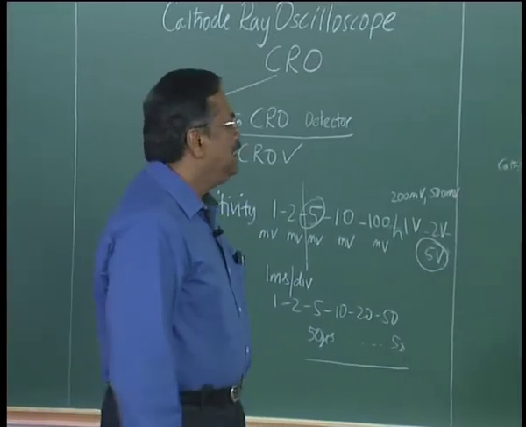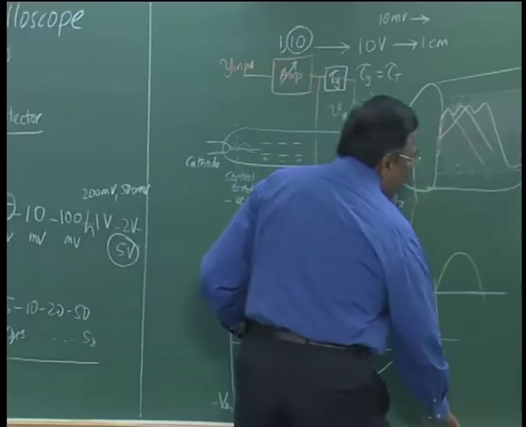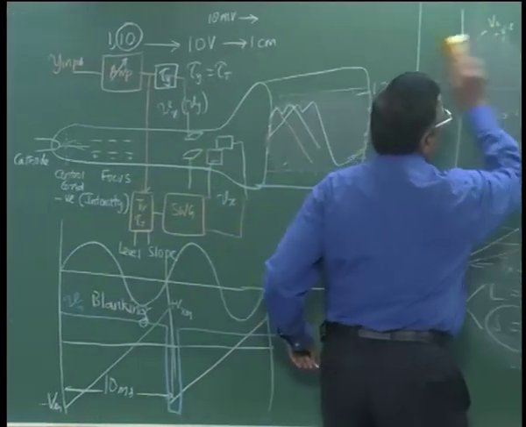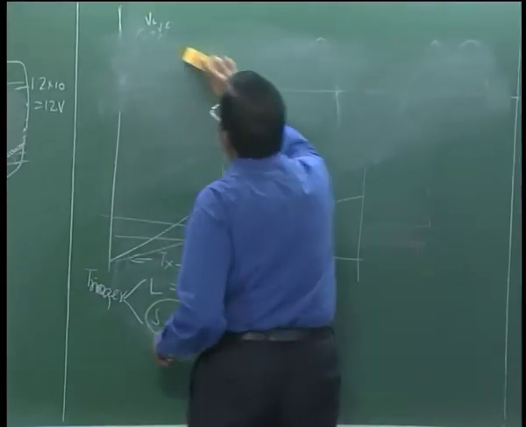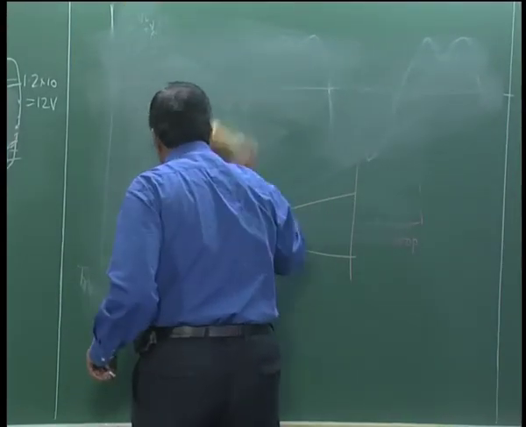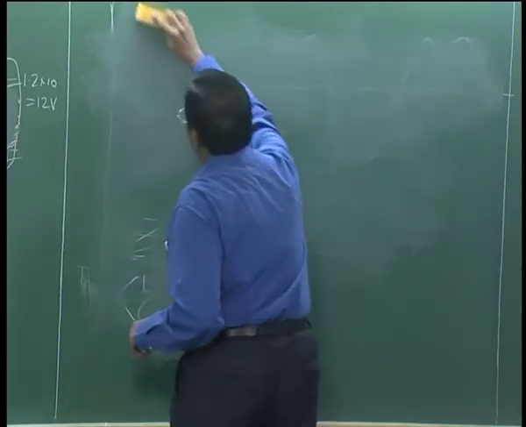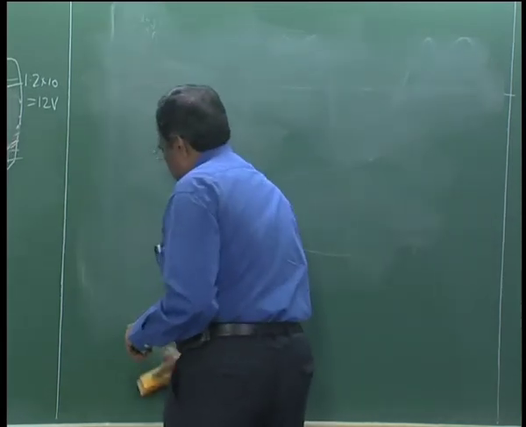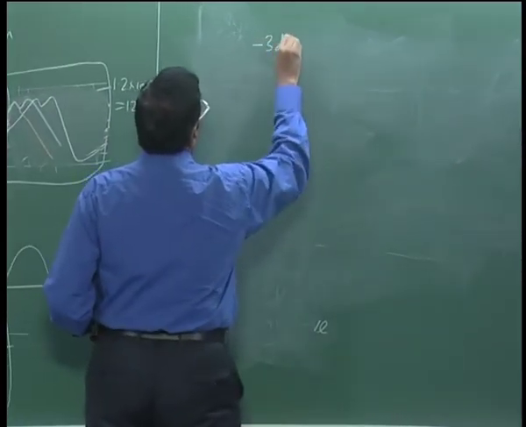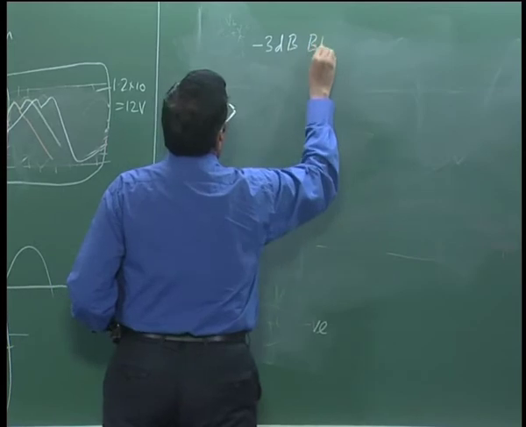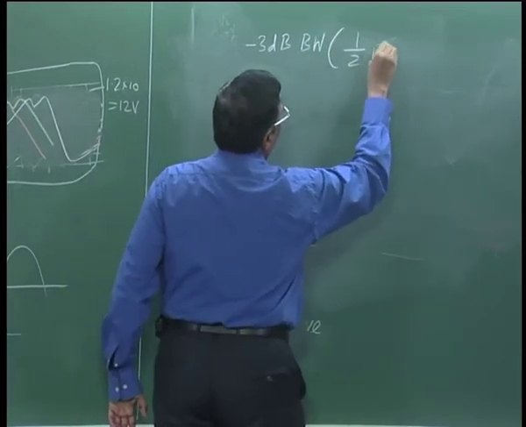Generally when we talk about bandwidth, we talk about the 3 dB bandwidth, the minus 3 dB bandwidth, which is also known as half power bandwidth.